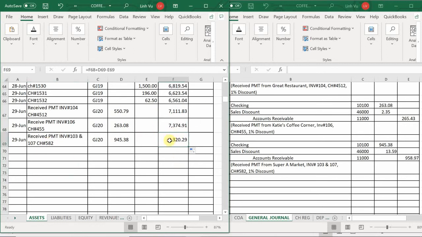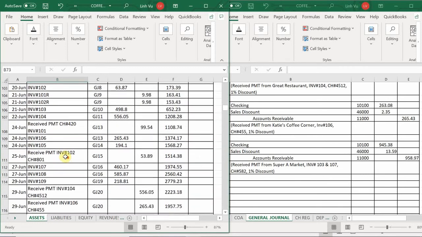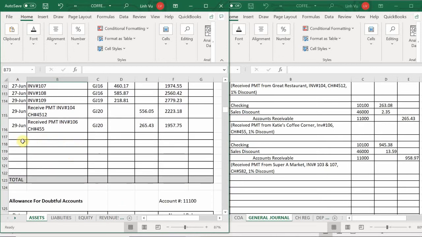Did everybody get this number? Yes. Perfect. Okay. Since we're already here on our assets, just only a couple tables down, go ahead and update your accounts receivable account. Okay, for the 29. Okay, we received payment for invoice number 103 and 107.